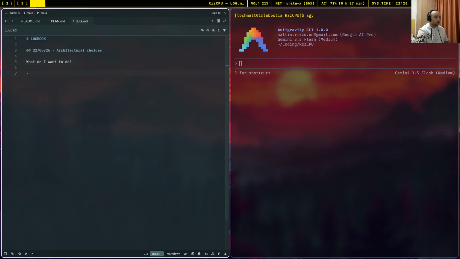For now I want to read through the plan and the file to decide architectural choices about the CPU.